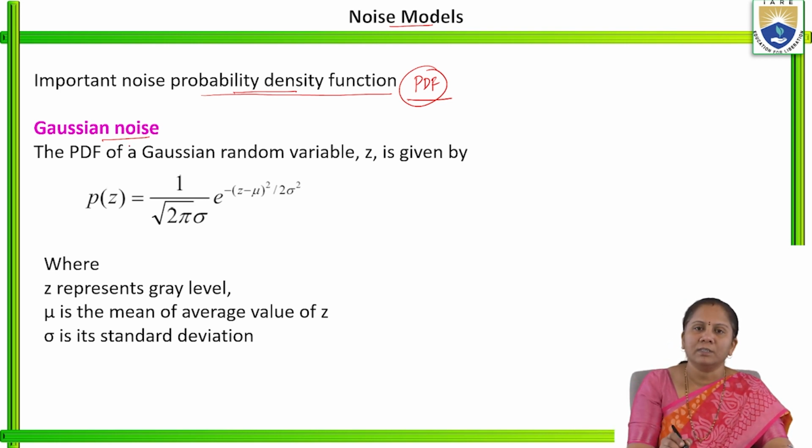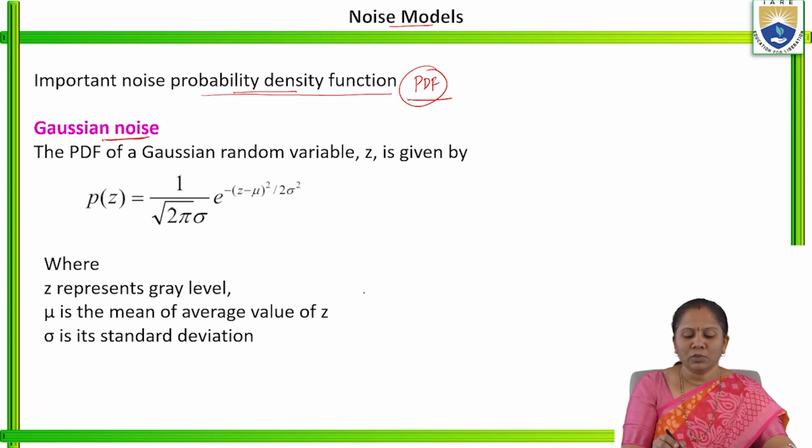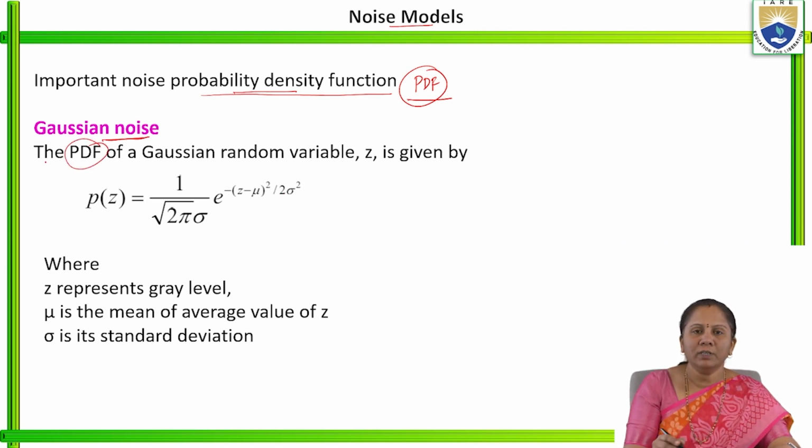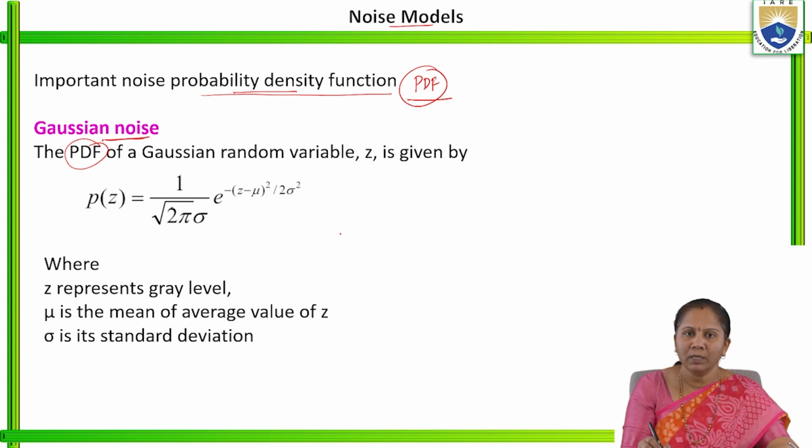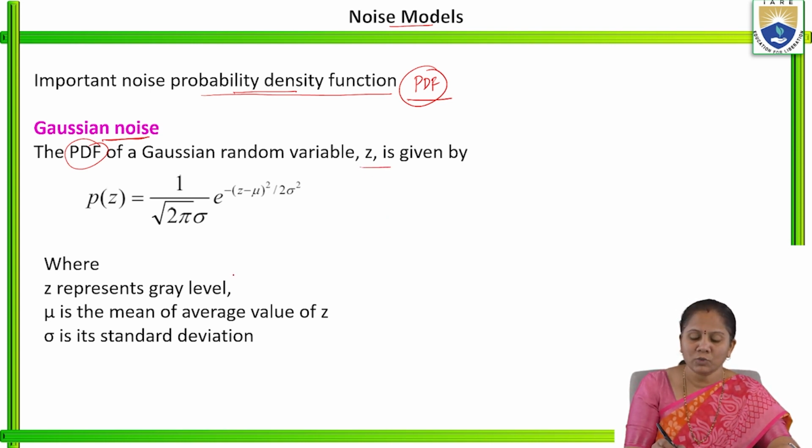So the first noise model we are going to see is Gaussian noise. The probability density function for this Gaussian model with a variable z will be represented as follows. These are the standard equations for all these noise models. P of z is equal to 1 by root 2 pi sigma e power minus (z minus mu) whole square by 2 sigma square.